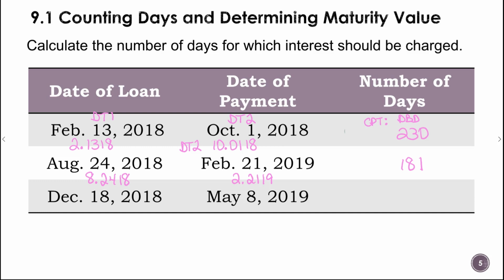For a December date, it will be 12.1818 to May of 19. That would be 5.0819. Compute days between dates for a total of 141. So 141 days between those dates.